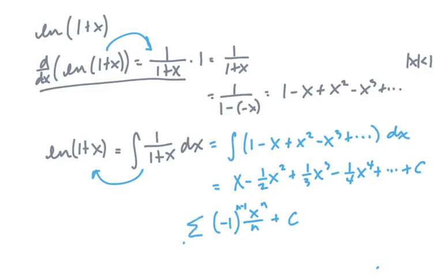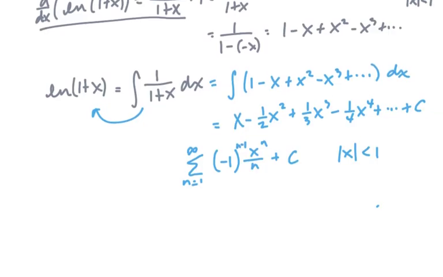And we have the sum from n equals 1 to infinity. And then we have the absolute value of x is less than 1, because we know it's true if that's the case.